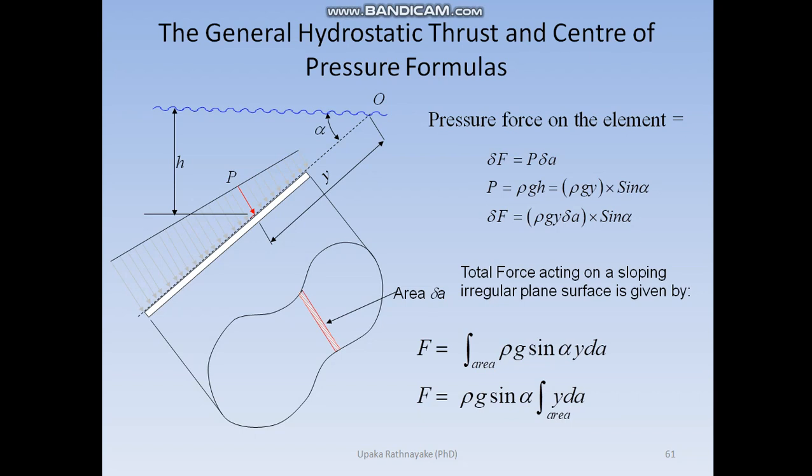Therefore, the small force acting on this surface, delta A, is delta F equal to rho g y delta A sin alpha. Now how do we find the total force? Similar to the previous case, we'll integrate it over the total area.